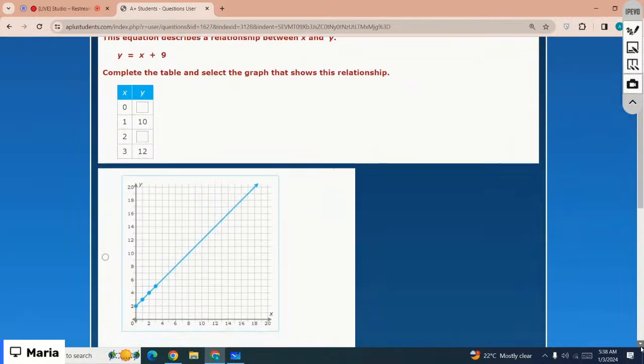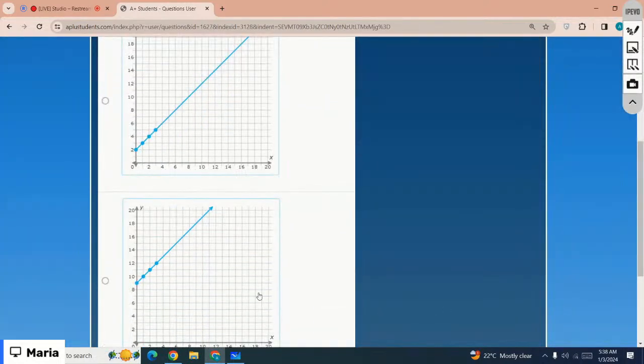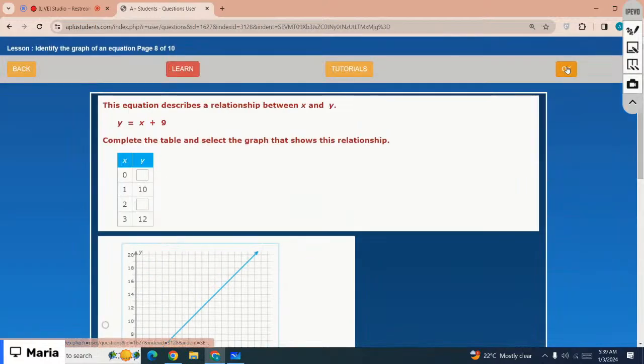When x is 0, y is 9. Option number 2 is the correct option.